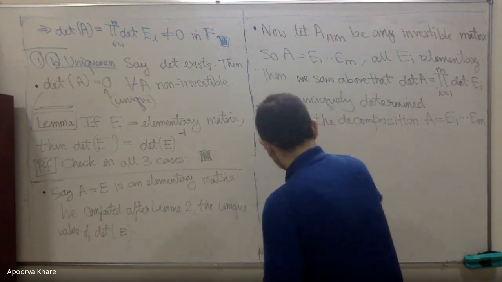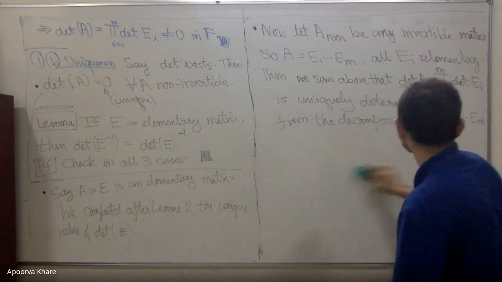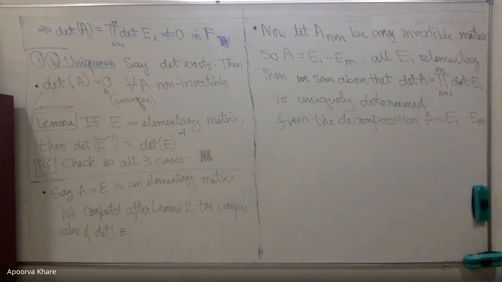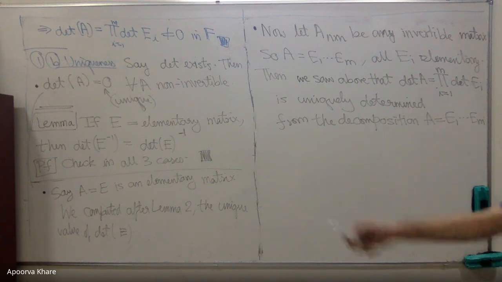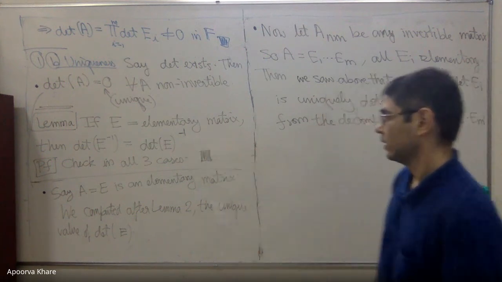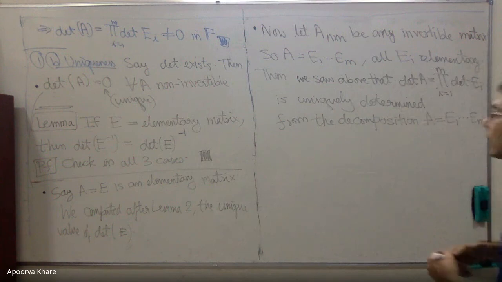Now, this doesn't depend on the choice of the matrices. It's unique given the EIs. Okay, so now here is where I'm going to use the lemma again.